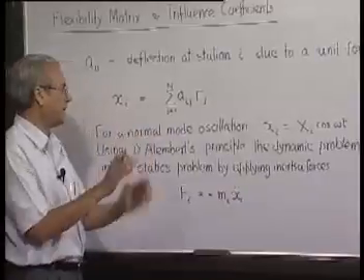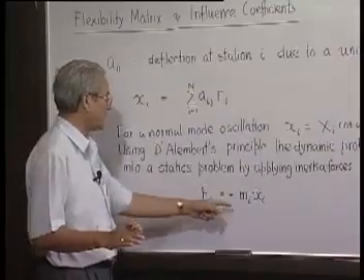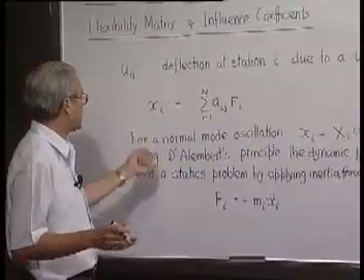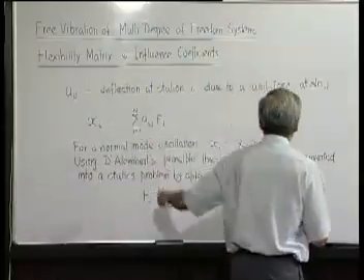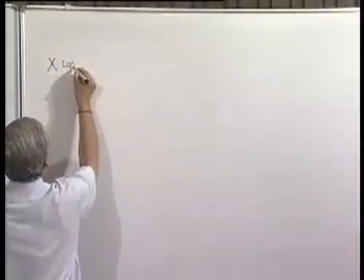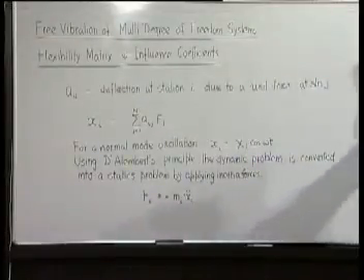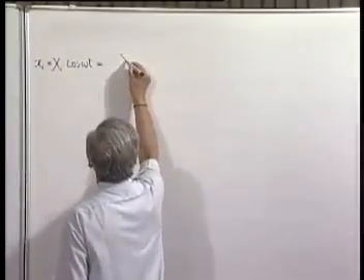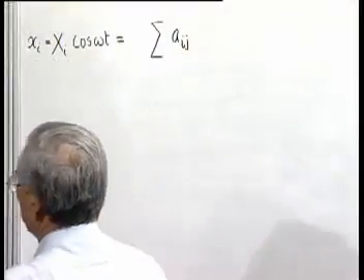We assume that it is being applied at the ith station, and the combined effect of all such inertia forces, in the absence of any other force because it is a free vibration, gives the displacement, which we can find out. Thus the displacement, which is Xi cosine omega t, will be the sum total of Aij Fj.